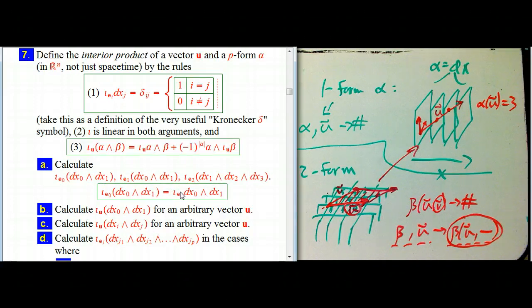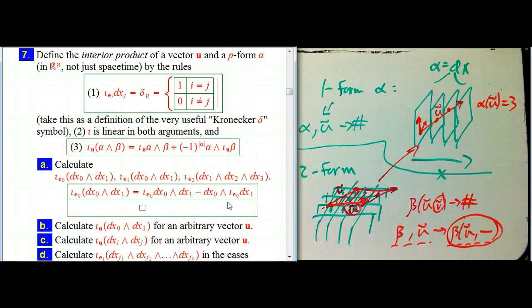I'm not going to do too many tedious calculations; I'm going to try to shortcut some of the more tedious stuff.